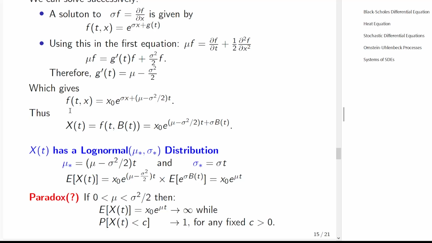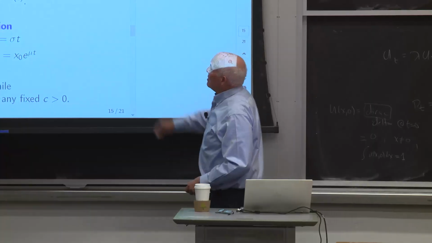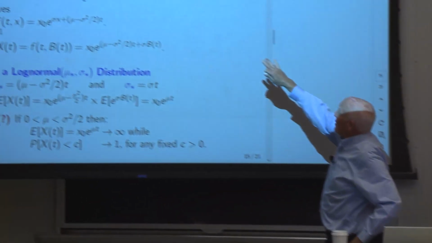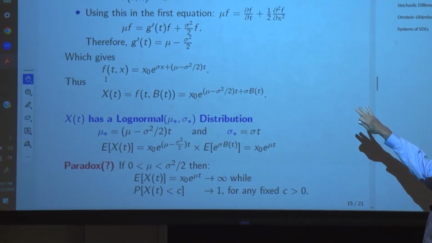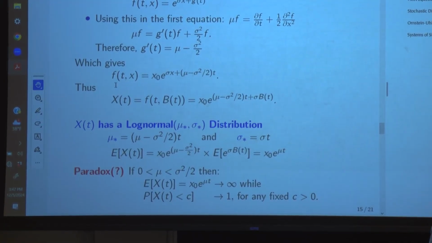If we do that, the second equation, sigma f equals df/dx, gives a solution of f equaling the exponential of sigma x plus g of t.